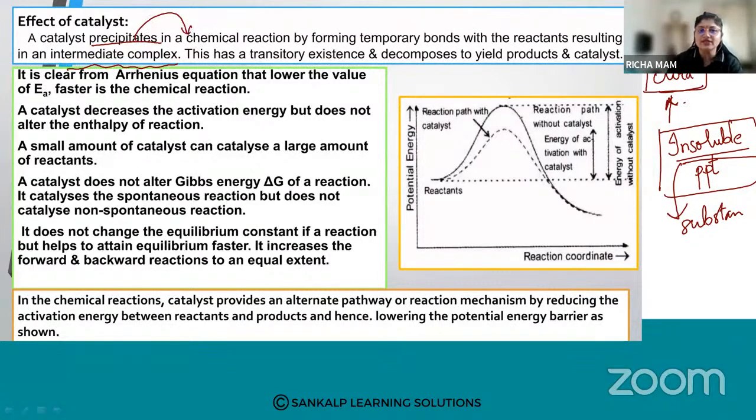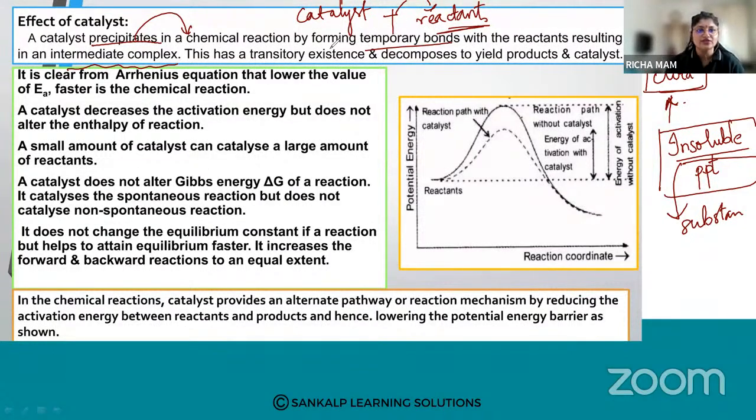The catalyst will get attached to and mixed with the reactants undergoing a reaction, and they form a temporary bond. Temporary means this is not a permanent bond. After the reactants are converted into products, what will happen? The catalyst will exit. It will move out.